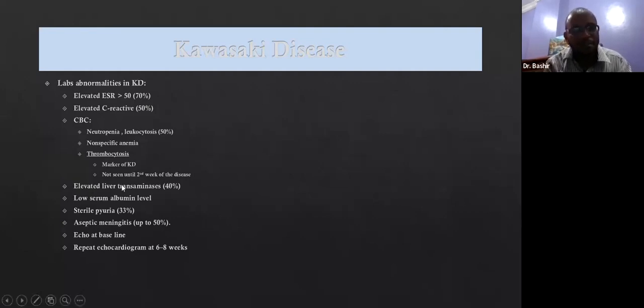Also elevated liver enzymes, high ALT and AST, low serum albumin level, sterile pyuria, and aseptic meningitis. Echo should be done as the baseline, and after 2 weeks and after 6 weeks. Because at baseline you will not find any coronary involvement, but you have to repeat it after 2 weeks, and then repeat after 6 to 8 weeks.